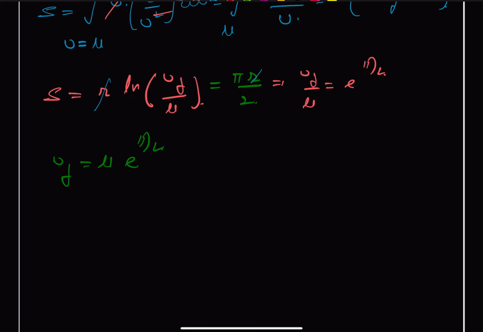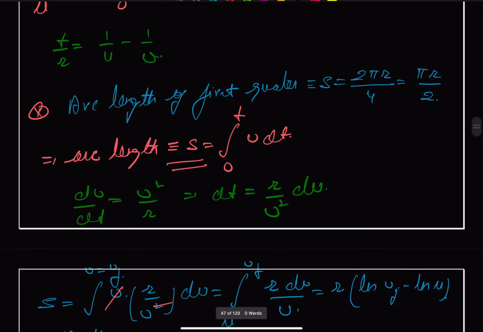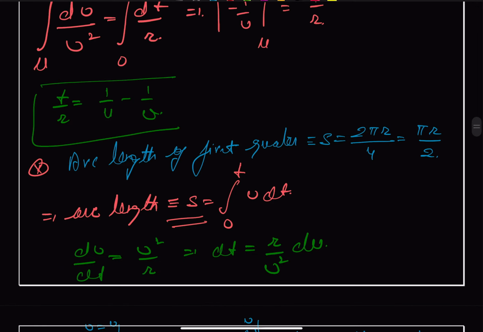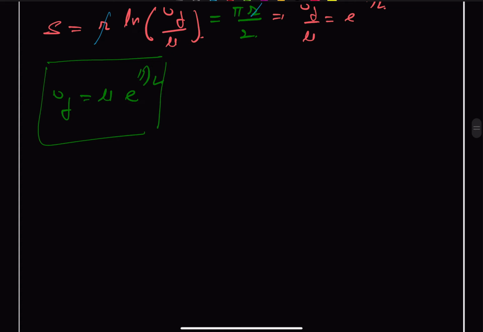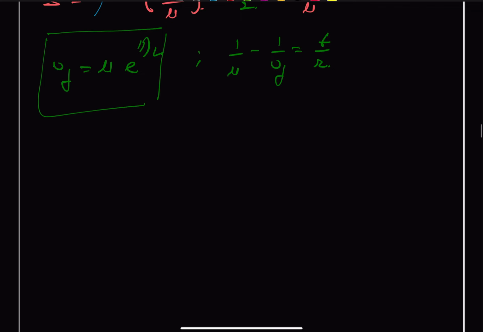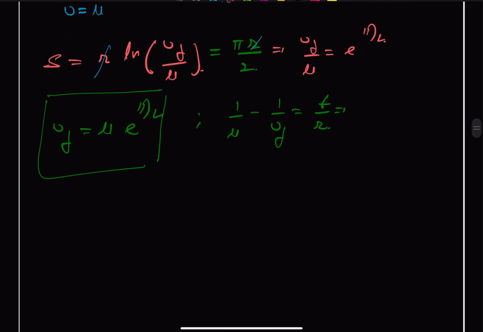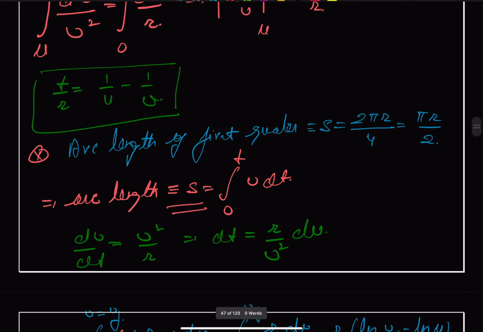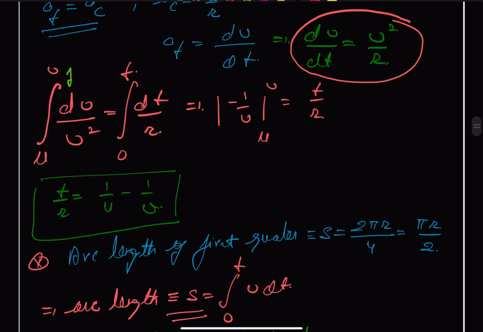And we already derived the relationship between u, v and time t. So we are going to use this relationship, and we have 1 upon u minus 1 upon vf is equal to t upon r. So from here we can say that t will be equal to r times 1 upon u minus 1 upon vf.